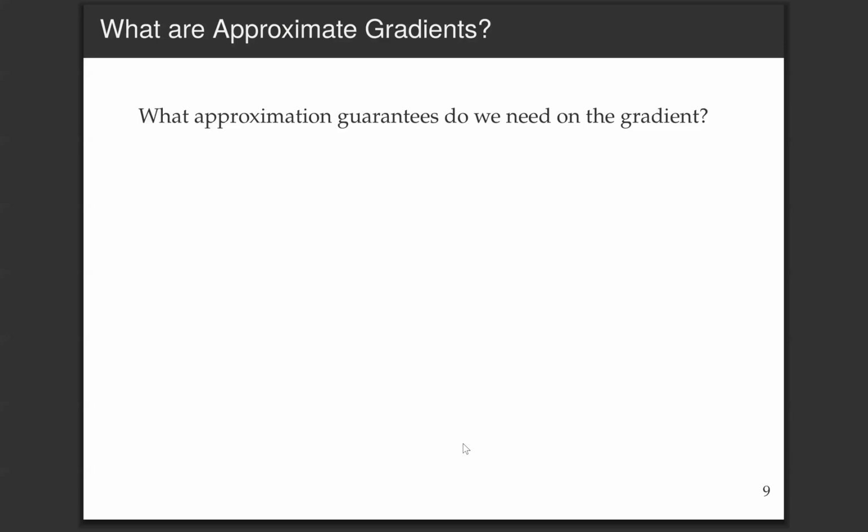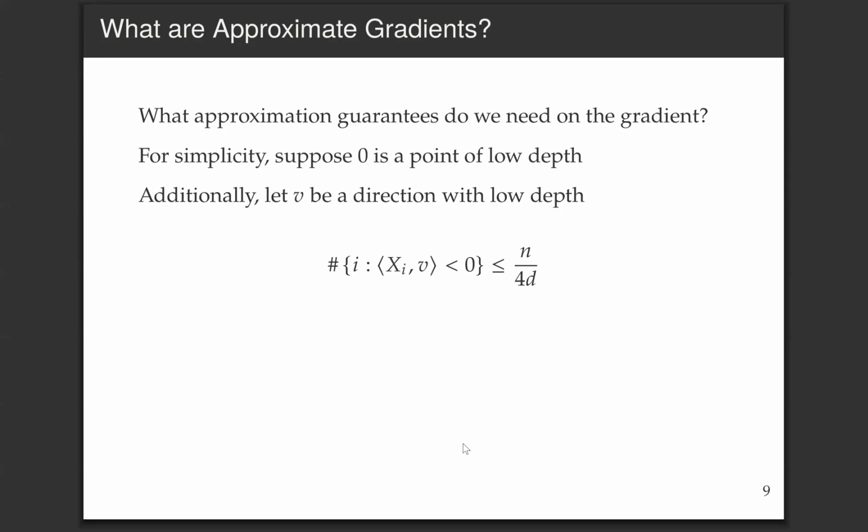Okay, so what approximation guarantees do we need on this approximate gradient? For simplicity in the rest of this talk, I'm going to assume that we're only computing the gradient at 0. The generalization to an arbitrary point will be straightforward. Let's say our current iterate is 0, and V is a direction with low depth.